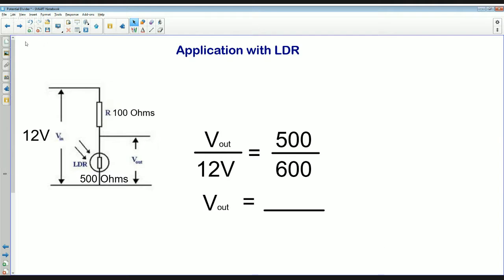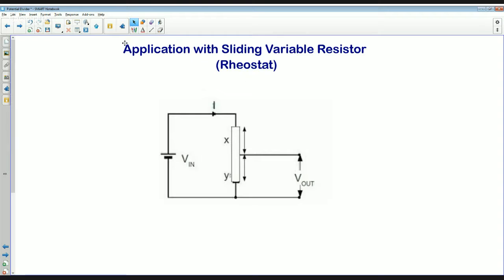Now there is one last thing I probably want to cover with you, which is a slider application with sliding variable resistors. Now this is a rheostat, and depending on how you want to arrange it, you'd realize that actually there are two resistors in play. If you look at this part, this is labeled X. So this is one resistor, and this is labeled Y, and this is another resistor.